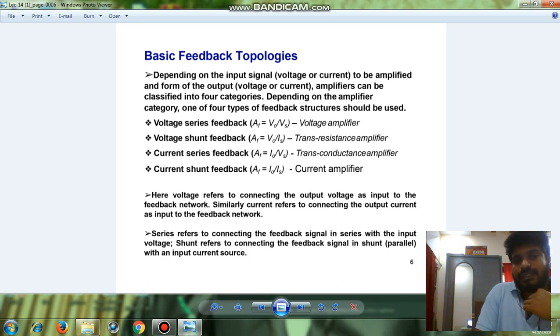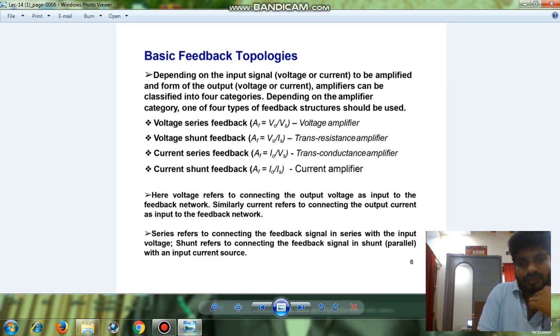One more important thing: in the name voltage series, the first word represents the output and the second word represents the input and feedback. For series, we go with voltage, and for shunt, we go with current. That means four signals we have to consider: input signal, output signal, feedback signal, and the source signal.